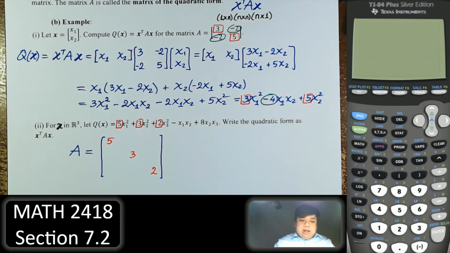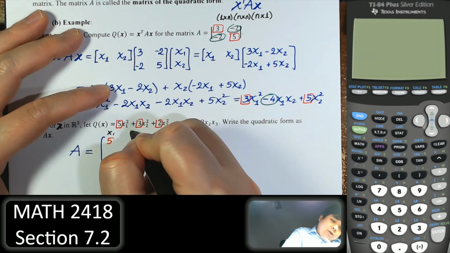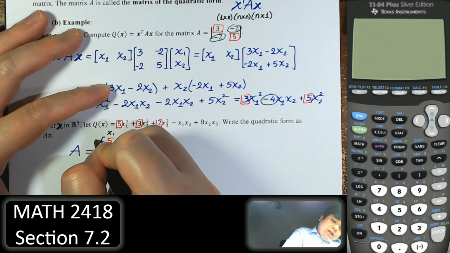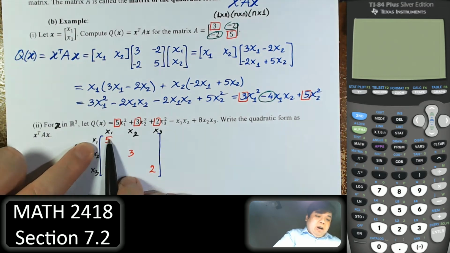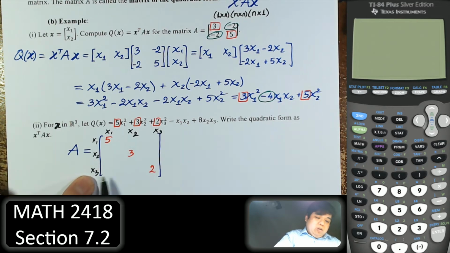Then we put x1, x2, x3, and x1, x2, x3. You see 5x1 times x1, 3x2 times x2, and 2x3 times x3.